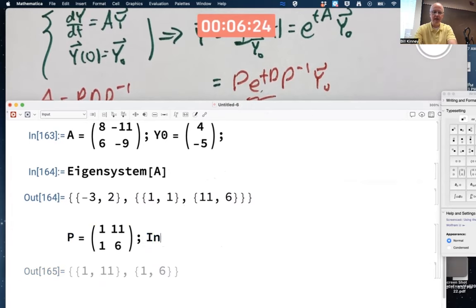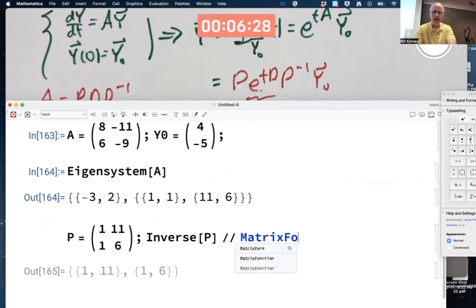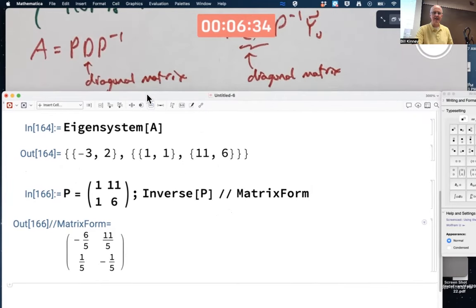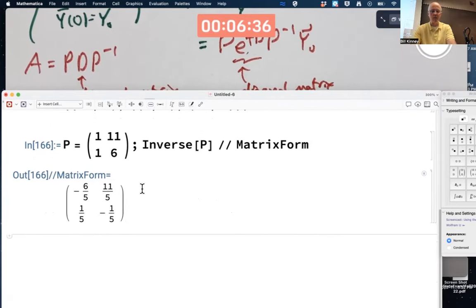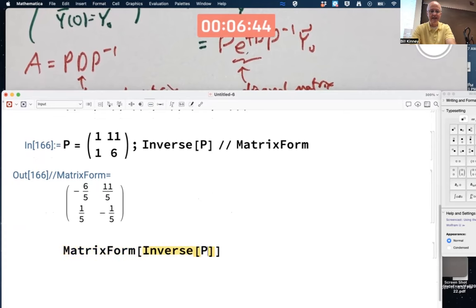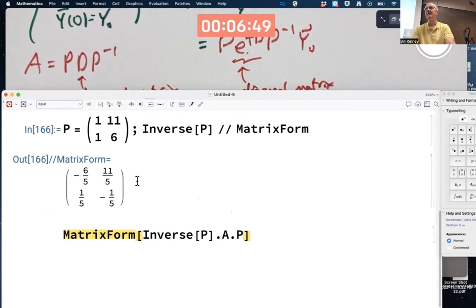What's the inverse of P? It's that. Now let's do the calculation. Well, first you might want to confirm that the inverse of P times A times P is diagonal.